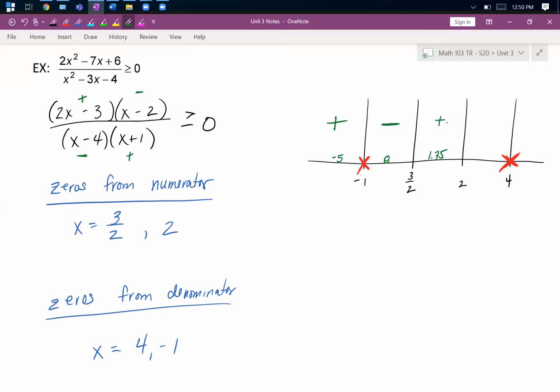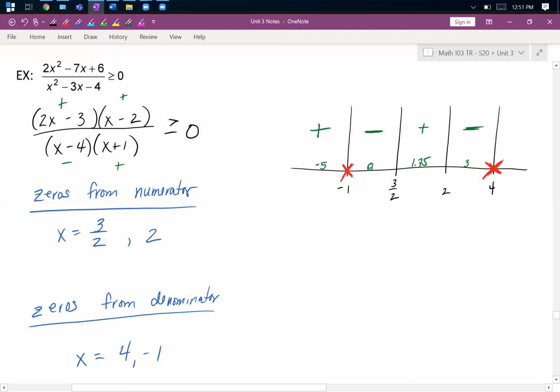Choosing something between 2 and 4, let's choose 3. Plugging in 3, that'll be 6 minus 3, positive. Here we're positive, negative, and positive. So 3 positives and 1 negative is going to leave us with a negative. And then last but not least, we're choosing a number larger than 4.